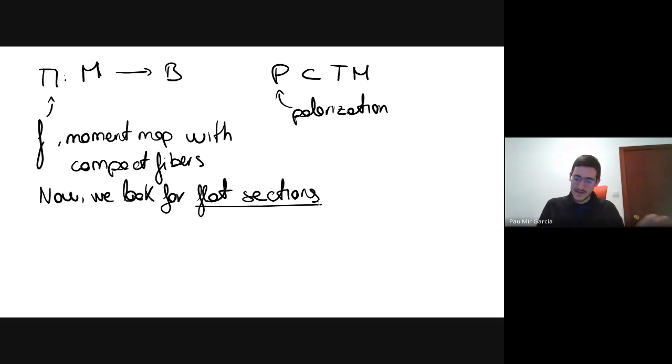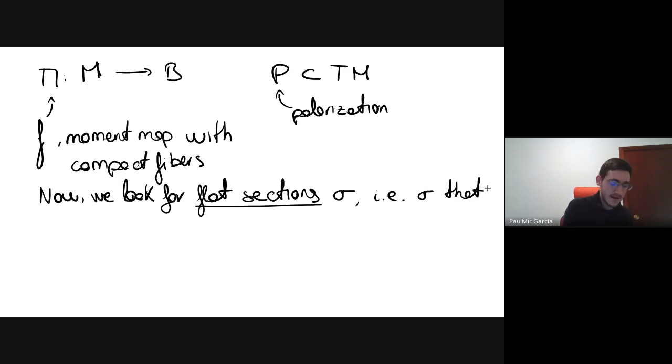So flat sections of a polarization are sections that satisfy this condition. So flat sections sigma, namely sections that satisfy the following condition, that mainly I could say that are covariant constant with respect to the connection we had on L, the line bundle.